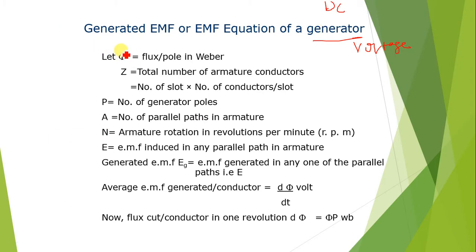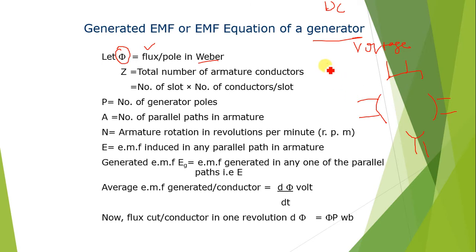Phi is the representation for flux per pole, in Webers. Weber is the unit of flux. Each pole will produce some flux. For example, the poles are positioned in this form, and there is one more pole in this form, so totally 4 poles.